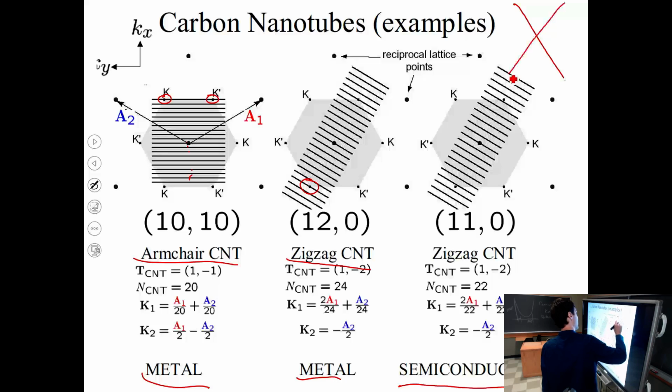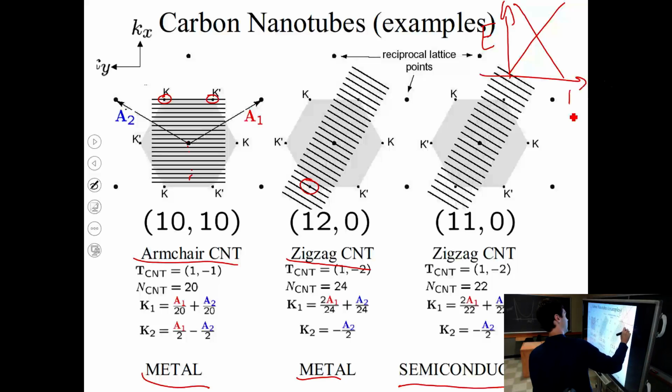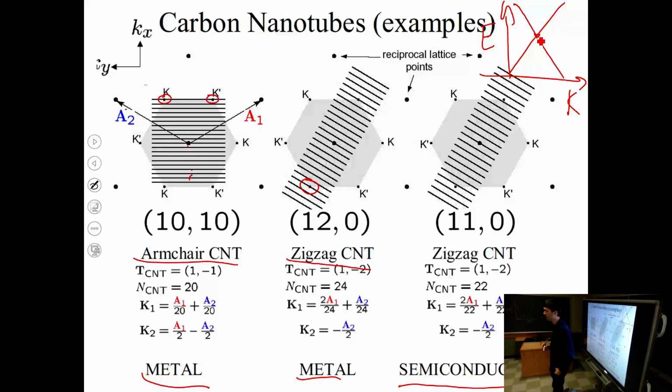So if I project this onto the energy axis, this is the energy axis, and this is some K, where here is my Dirac point. The allowed values of K can be including the Dirac point or not including the Dirac point. And that makes a difference between it being a metal or a semiconductor.